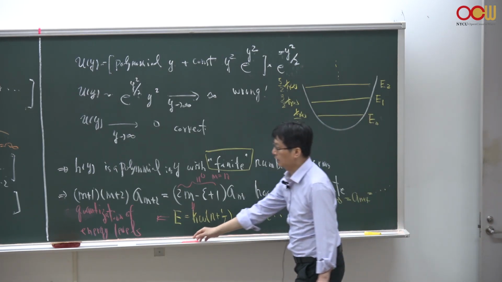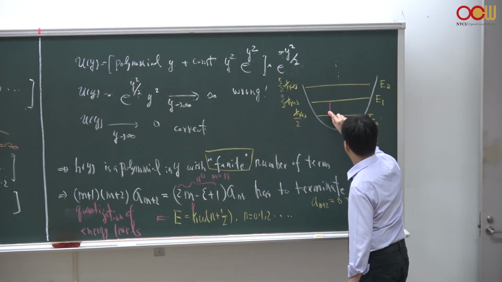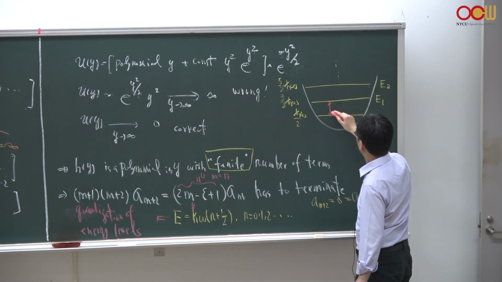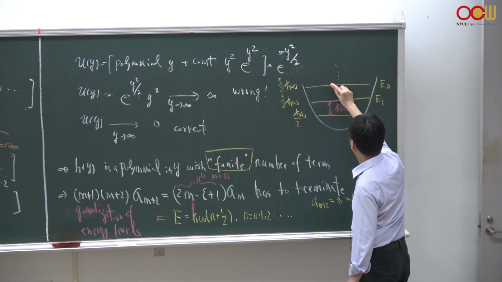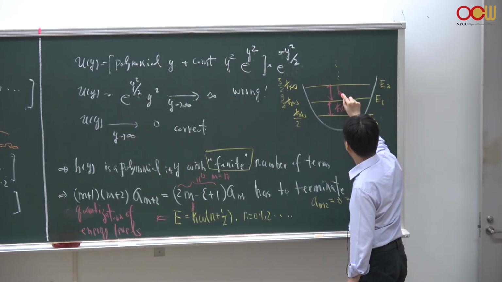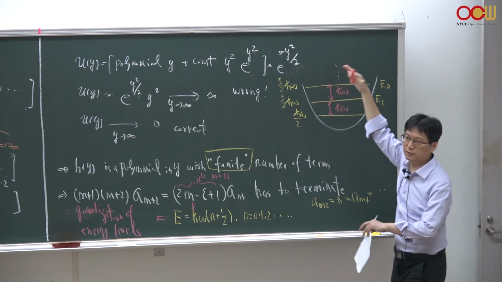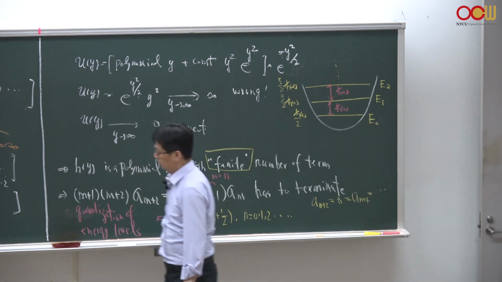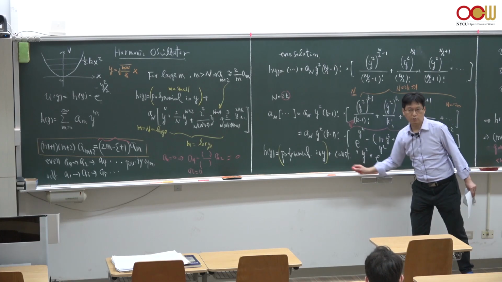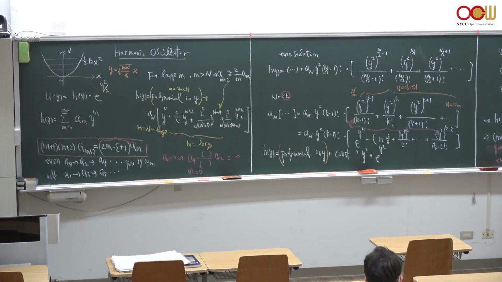So the energy levels are equally spaced. So the energy spacing between adjacent energy levels is precisely h bar omega. It's uniformly distributed energy levels.